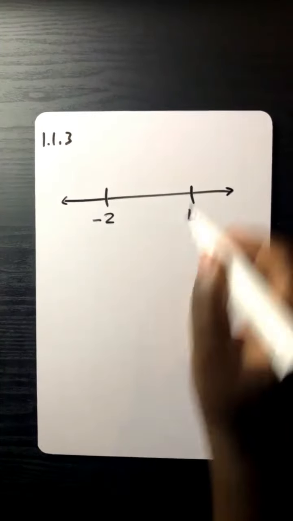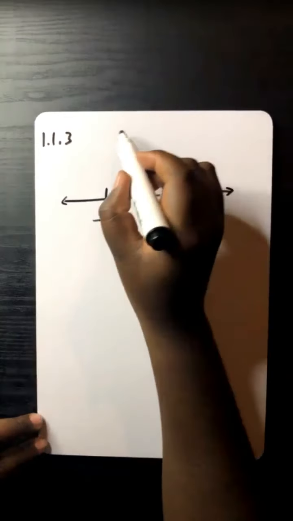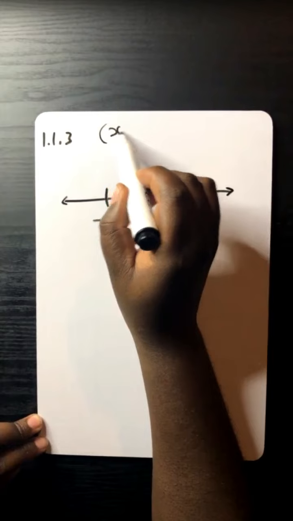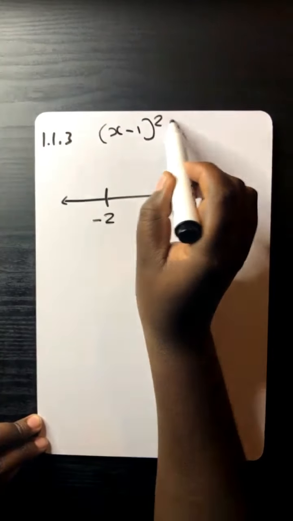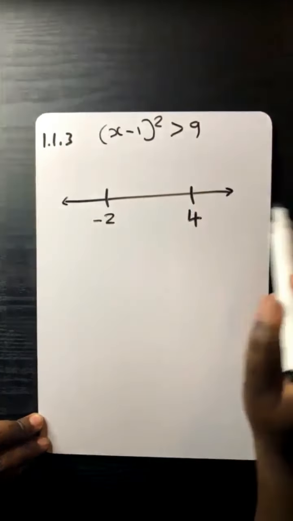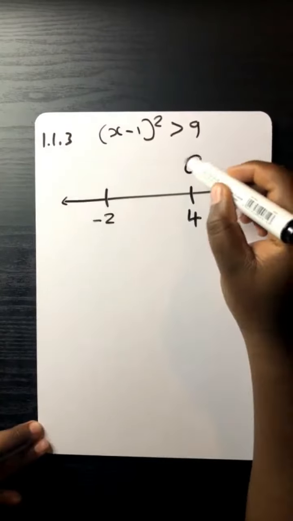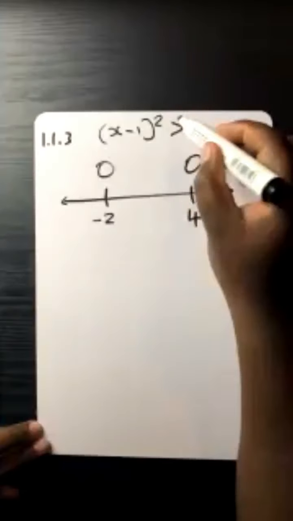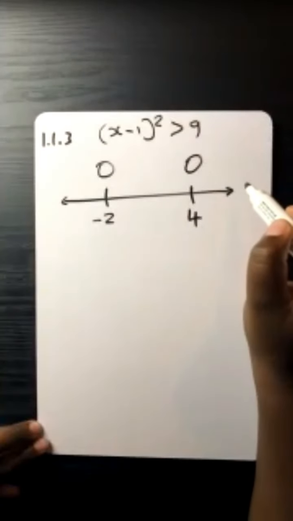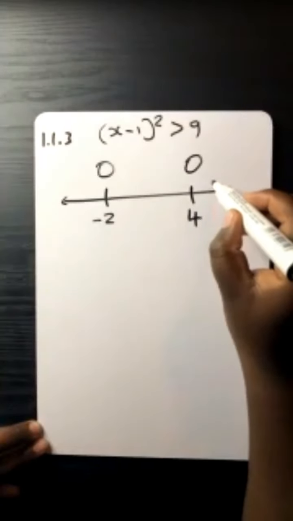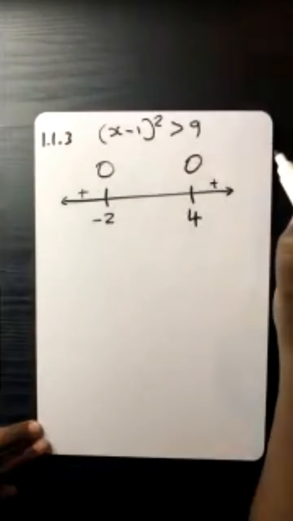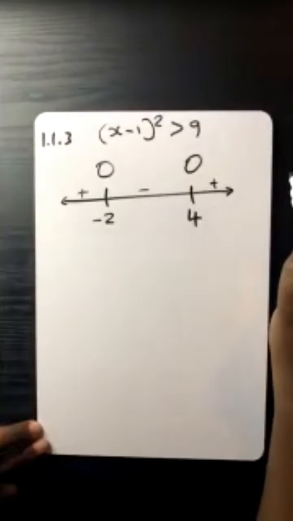Okay, so Promise, obviously we had x minus 1 all squared greater than 9. If I remember, we didn't shade the circles because it's just greater than. So we had positive values on this side, positive values on that side, and negative values in between.